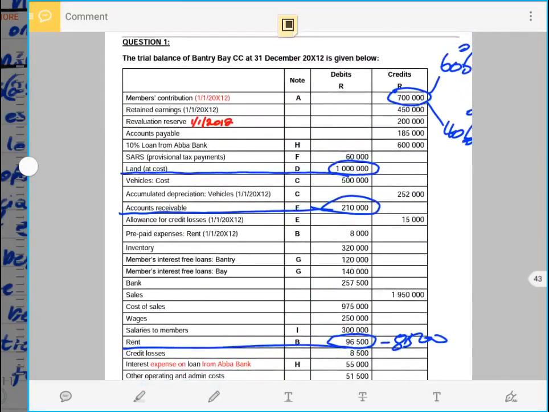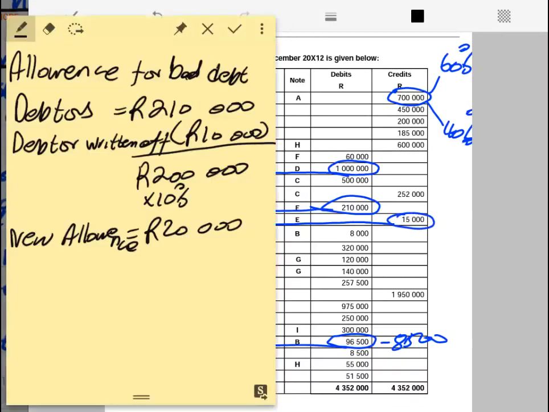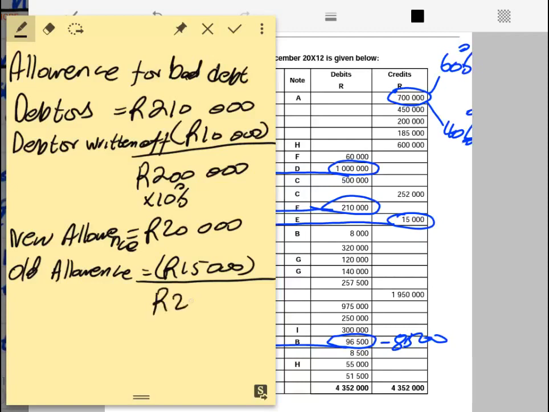And the old allowance for credit losses on the 1st of January was 15,000 rands. So now we have the old allowance, which comes from the trial balance, and the old allowance is 15,000 rands. And the old allowance is underestimated. That means now we have to increase the old allowance by 5,000 to become 20,000 rands.